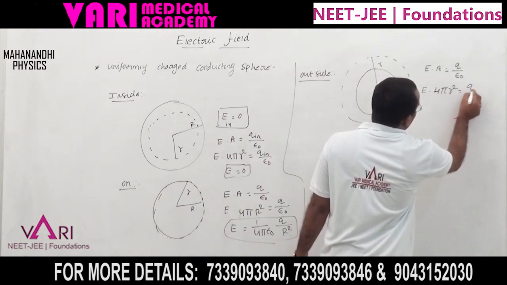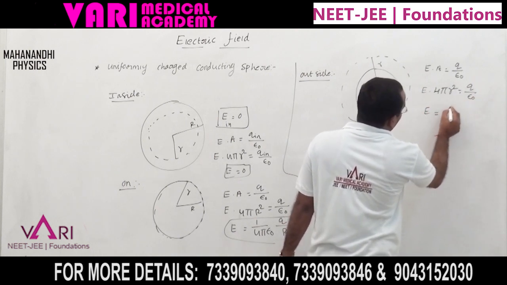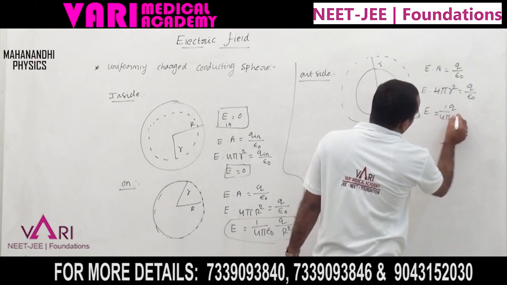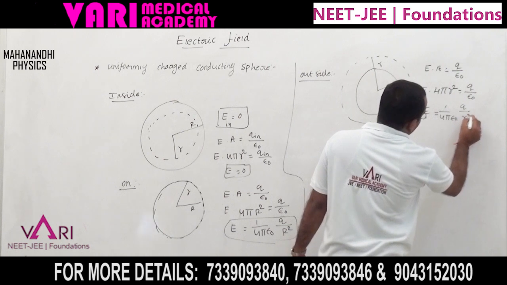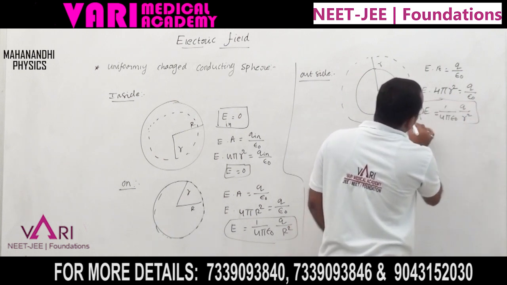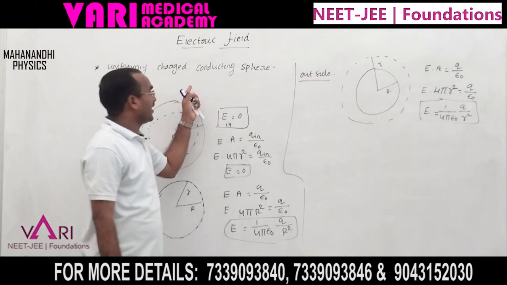So E equals 1 by 4 pi epsilon naught Q by r square. This is the electric field outside a conducting solid sphere.